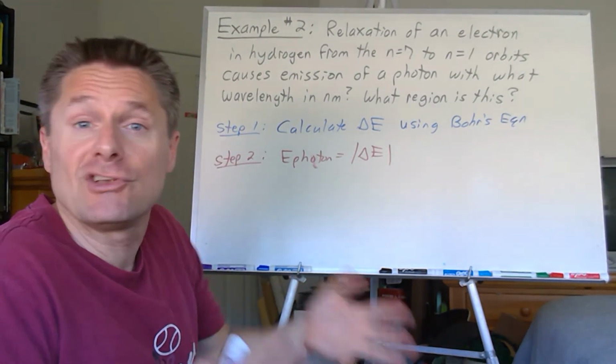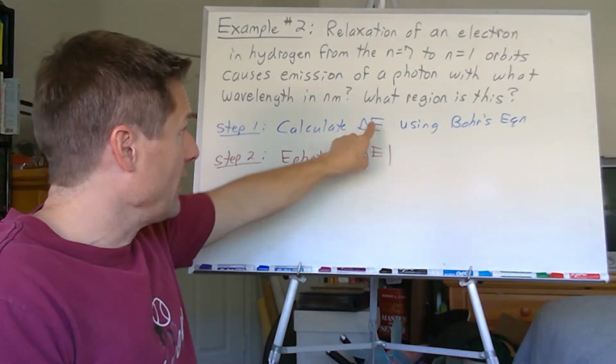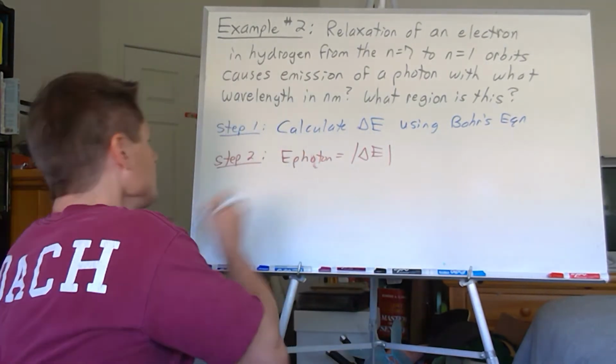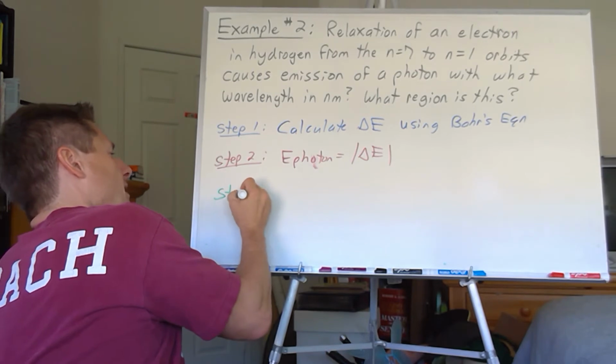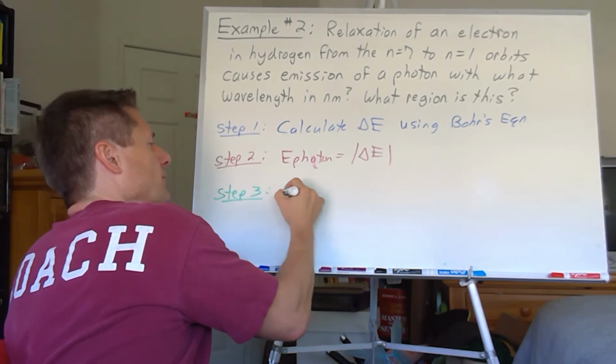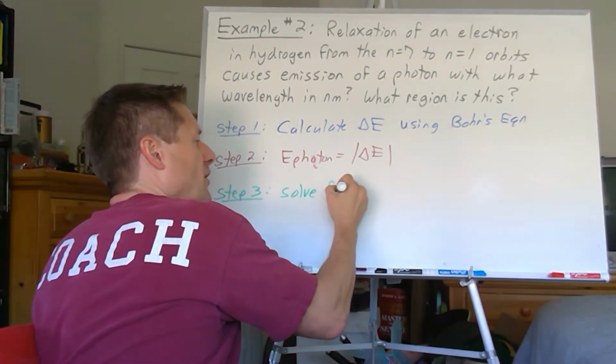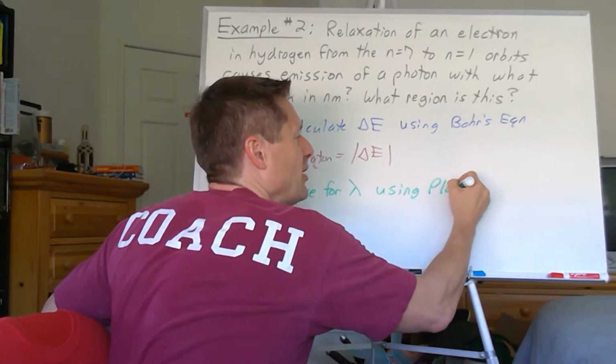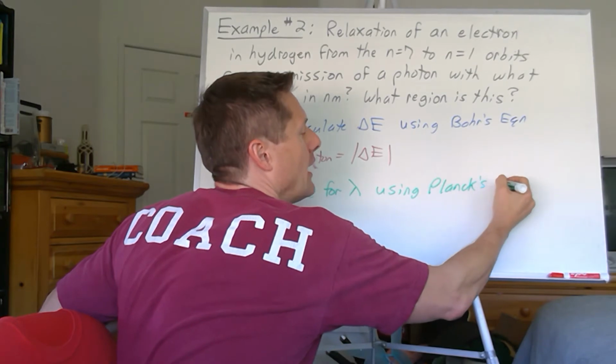Is the atom gaining energy or losing energy? If it's negative, just make it positive. You could do that in your head. And then step 3, we can use Planck's equation to solve for the wavelength. Thank you, Einstein!